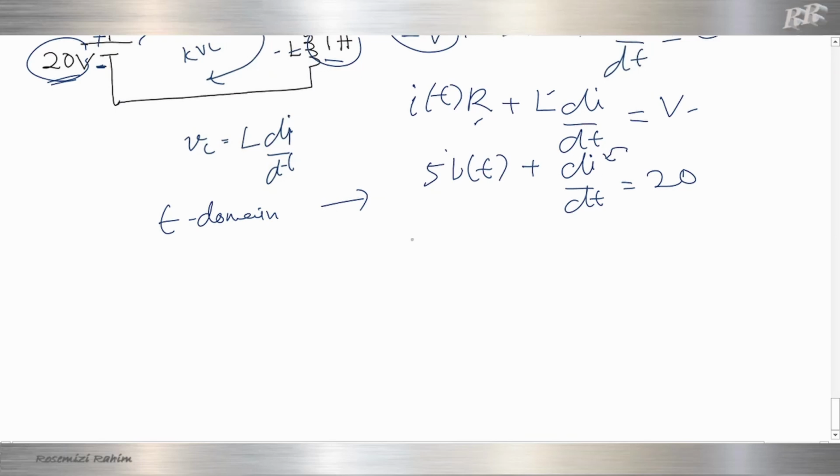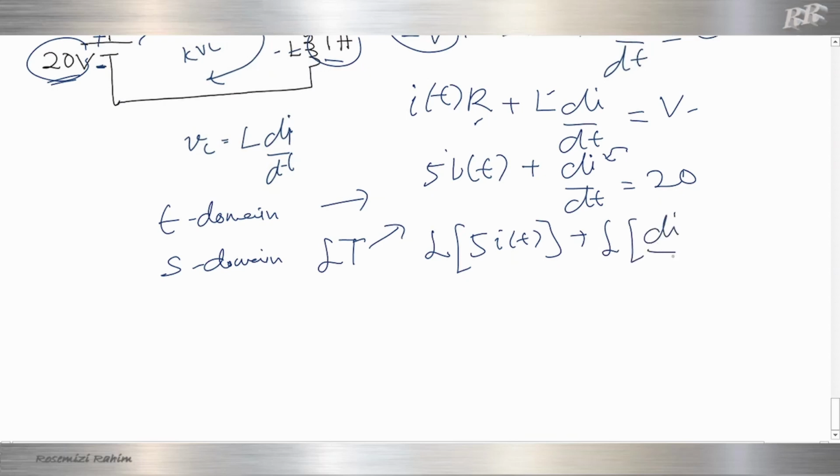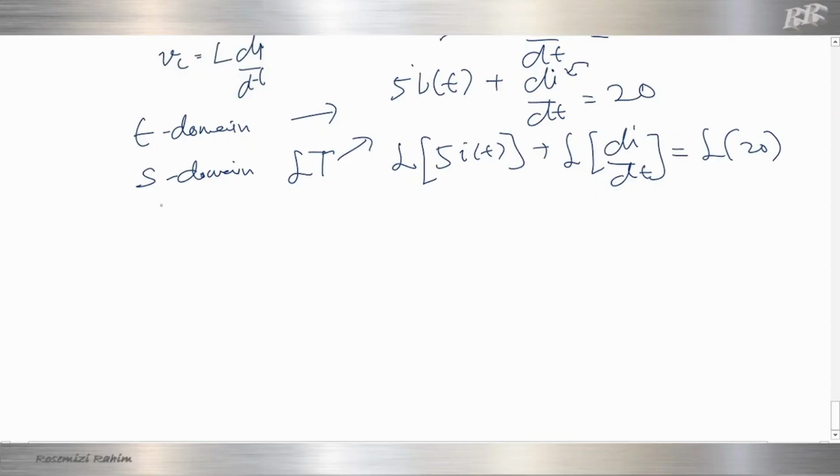Now we can transfer to the S domain by Laplace transform of this equation, taking the Laplace of each term. Laplace of 5 i(t) plus Laplace of di over dt equal to Laplace of 20.